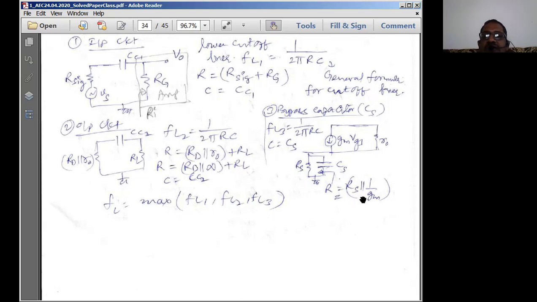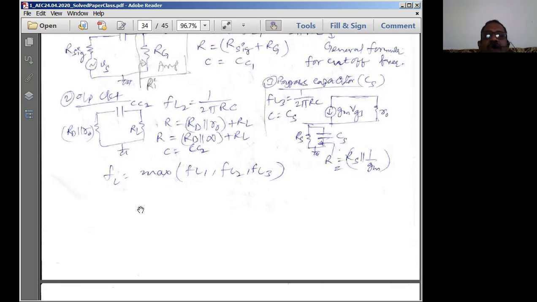Just remember this RS in parallel to 1 by gm, because we'll be having it in terms of gm here. Therefore remember this formula. So once you know this formula, then C becomes equal to CS, and we'll be getting the effect of the bypass capacitor CS and the thermal stabilization resistor RS on the low frequency cutoff frequency FL3, which we can write as equal to 1 by 2 pi R into C.